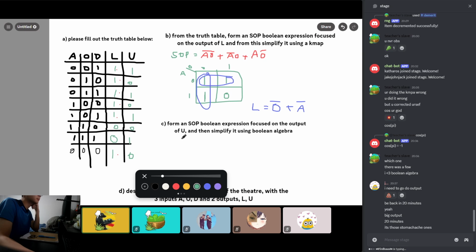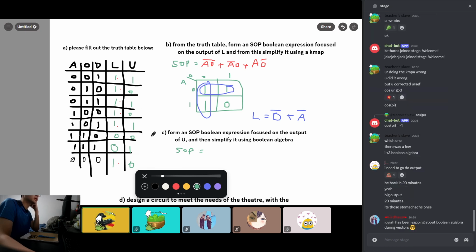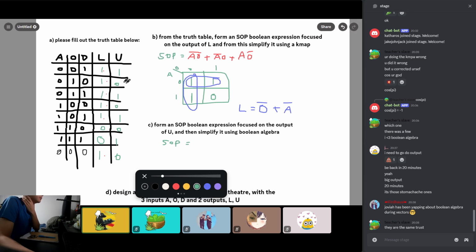Okay, so the SOP for this would be we look at the ones. Oh, I should do a video on Boolean algebra. I'll do a video on Boolean algebra later on, maybe tomorrow, I don't know. Anyway, you look at the ones for SOP, same as before.